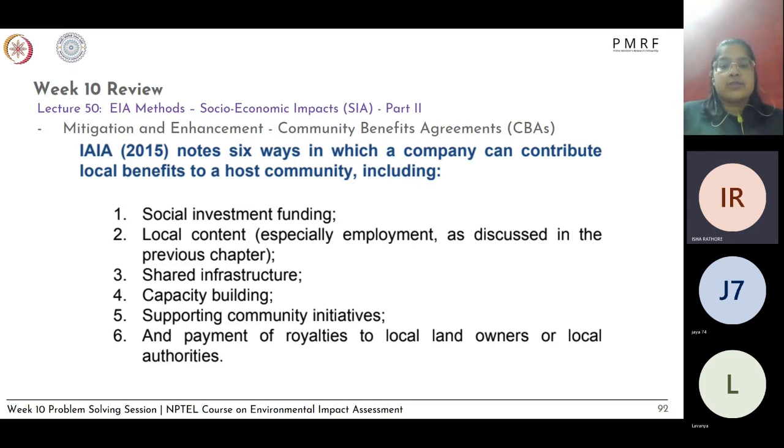Then you have local content, especially employment, in terms of the labor force being employed from the community itself. Then you have shared infrastructure, capacity building, supporting community initiatives, and payout of royalties to local landowners or local authorities, wherein you give a percentage of your profits from the new development towards the local landowners or the local authorities on whose land you built the new development.